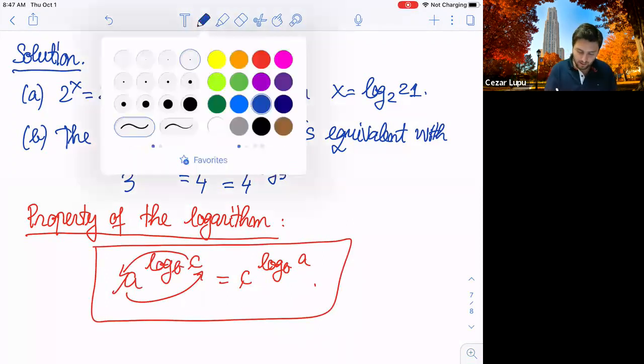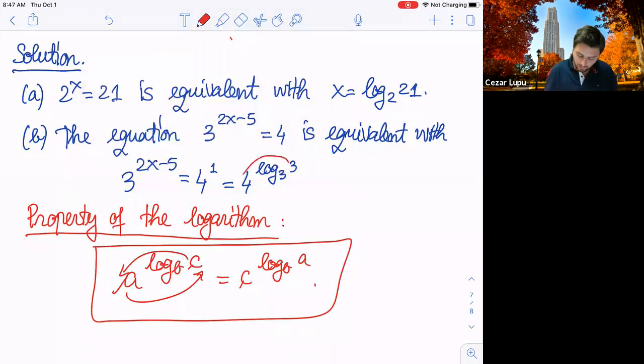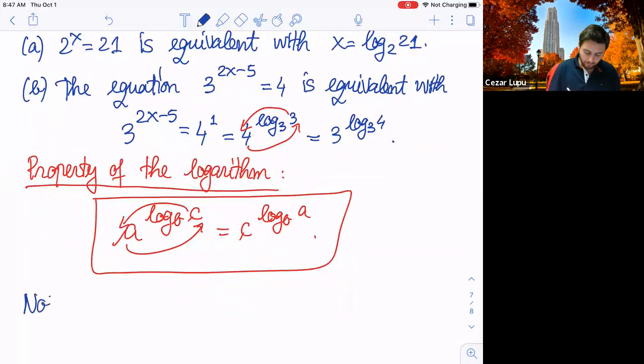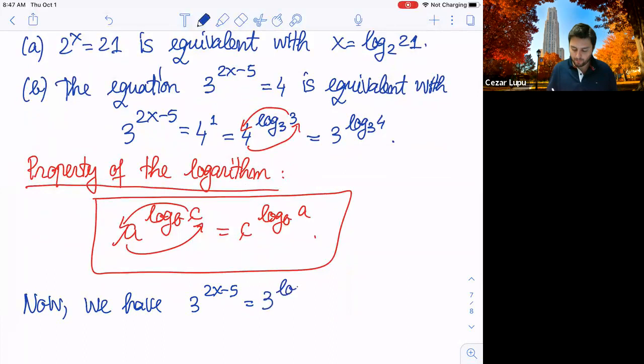So as you can see here, we swap this with this, which will be 3 to the power log in base 3 of 4. Now we have that 3 to the power 2x minus 5 is the same as 3 to the power log in base 3 of 4.